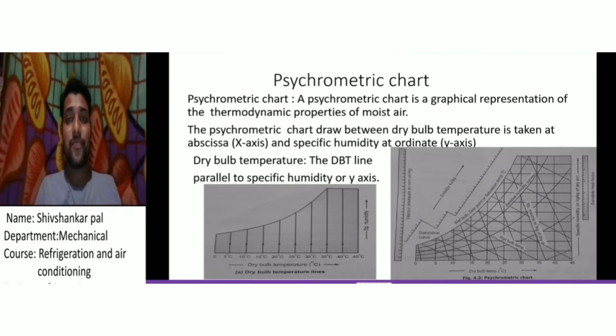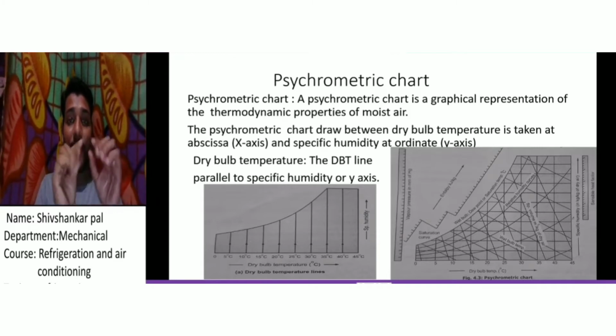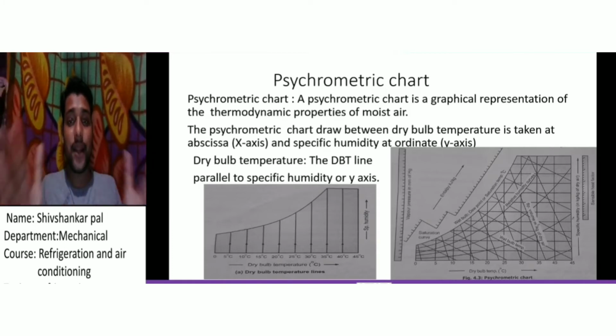These are the thermodynamic properties of moist air, and when you draw these properties in the form of a chart, that chart is known as the psychrometric chart.